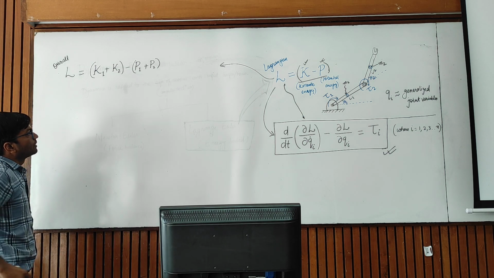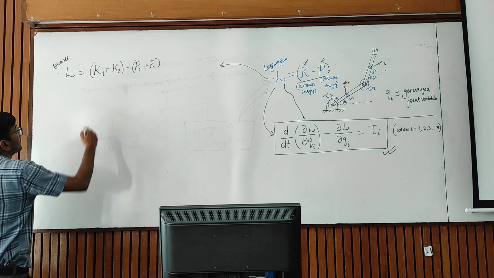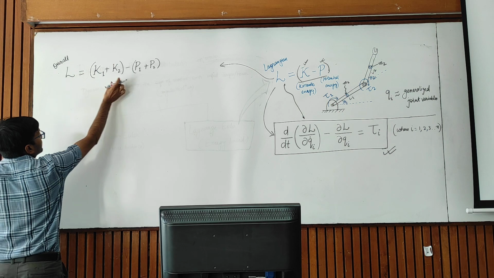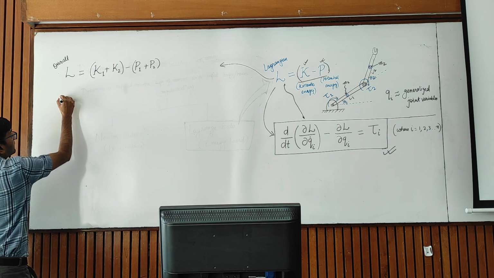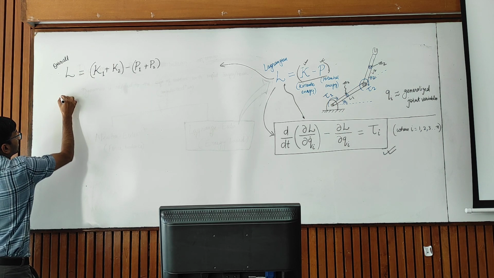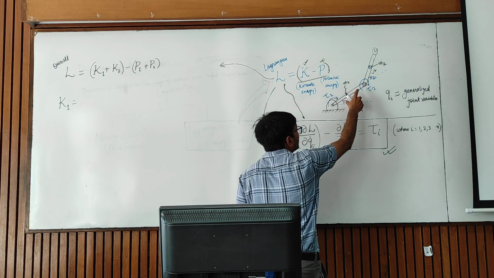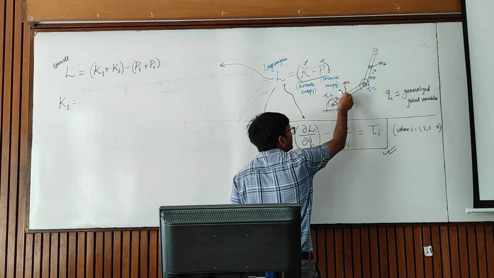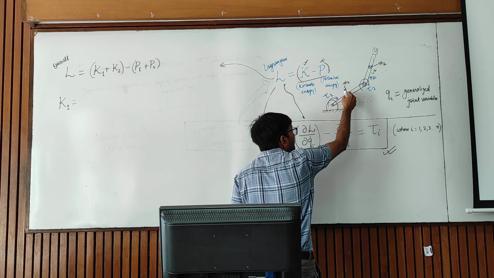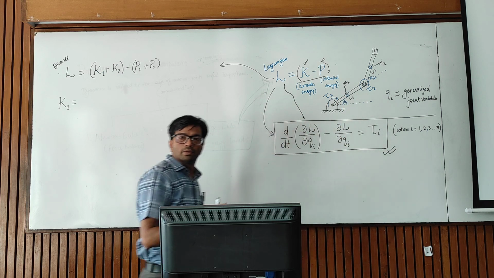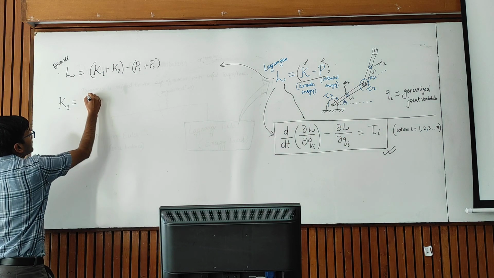Okay, so what is next? So the first one to find. So what are these things? K1, K2. Individually we'll try to find them. So what is my K1? I know it has a certain mass, and it is a lumped mass here, and it is trying to rotate. So it will have two things.